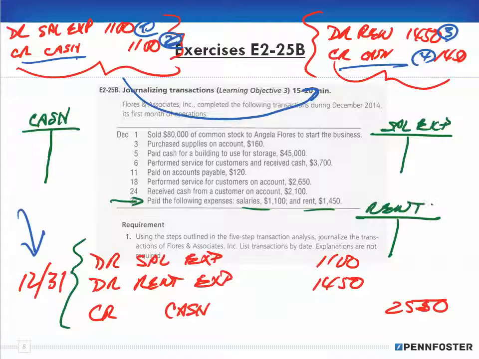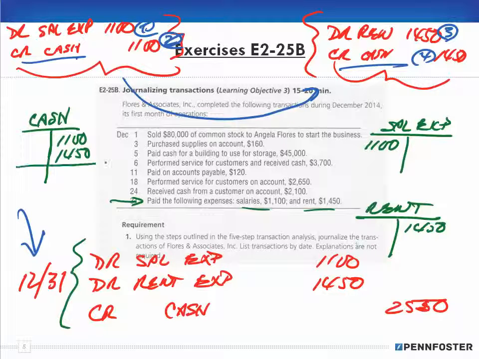Now, I'm going to pay the following expenses. Salaries for $1,100. Well, I know I'm going to credit cash for $1,100, and that means I'd have to debit salary expense for $1,100. And then I'm going to pay cash for the rent expense of $1,450. So that's a credit, and that means I'm going to debit rent expense for $1,450.